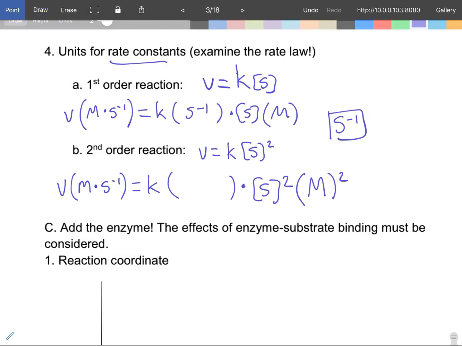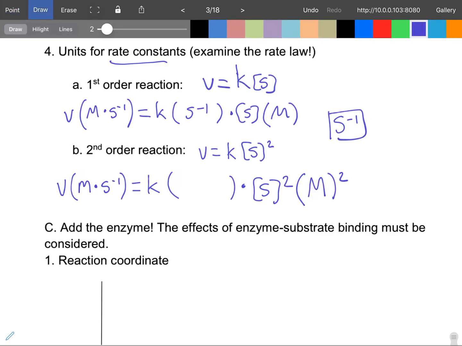So now, again, molar per second on the left-hand side. We've got molar squared here. So how can we get molar per second? Well, we still need that inverse second, but we have to cancel out one of those molar terms. So the only way we can do that is if the units are per molar per second. And so for a second order rate constant, the units are inverse molar times inverse seconds.